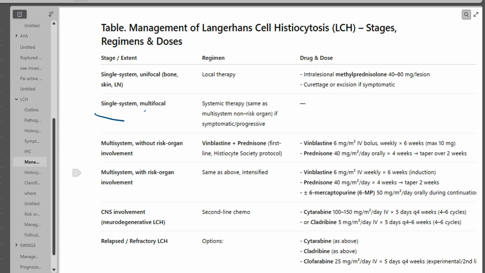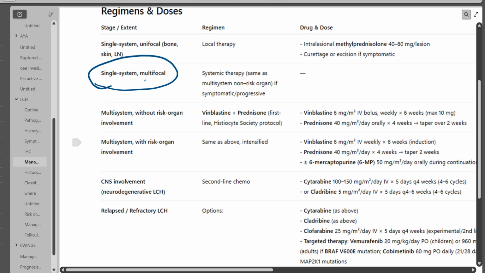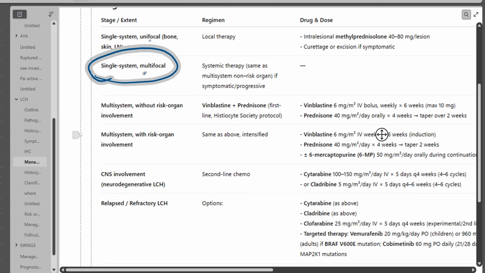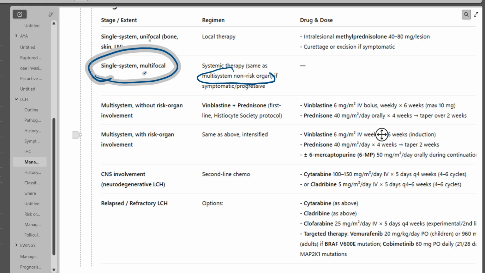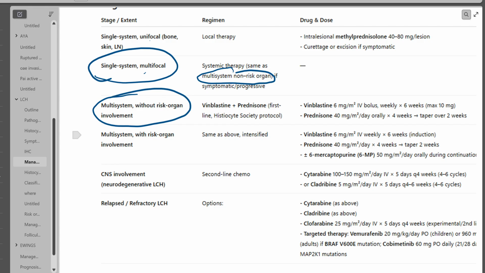If it's single system multifocal, you will manage it the same as multi-system without risk organ involvement: you will give vinblastine 6 milligram per meter square for 6 weeks. And then we give prednisolone for 4 weeks because steroids will kill these cells.